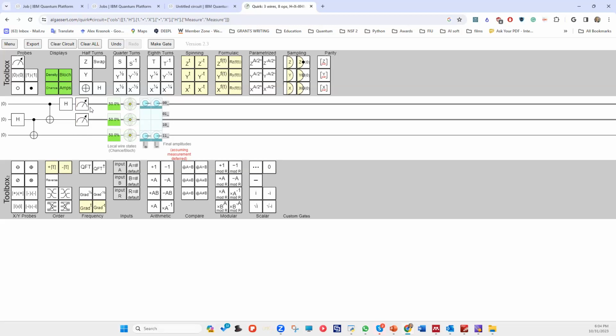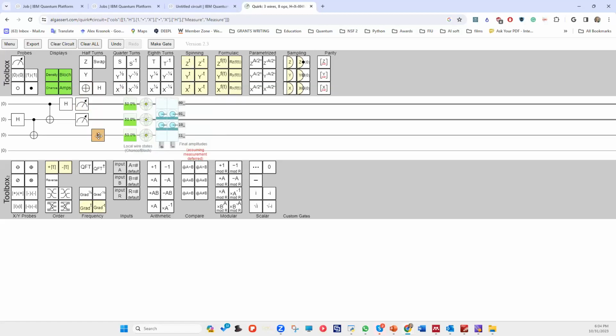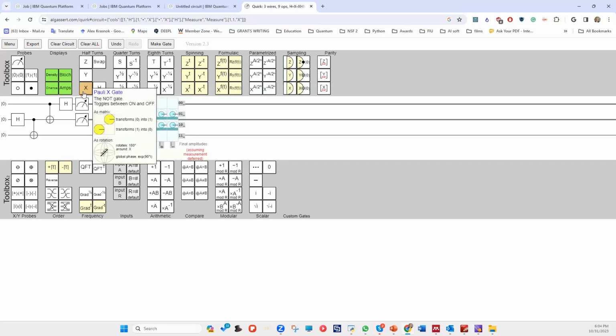After the measurement, you see this line, it was a single line, right? After the measurement, it became a double line. Here, double line means the classical register. Now, depending on the result of the measurement, I need to apply the X control, a classically controlled gate, to the third qubit.